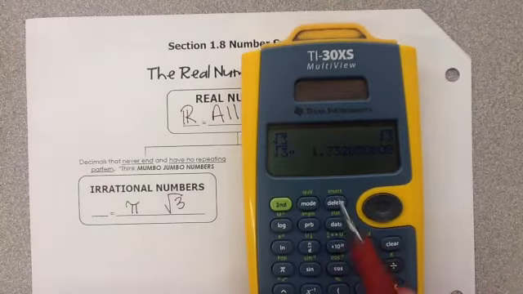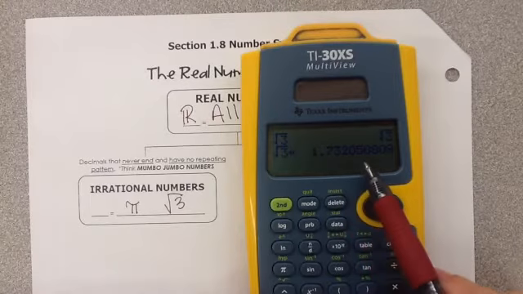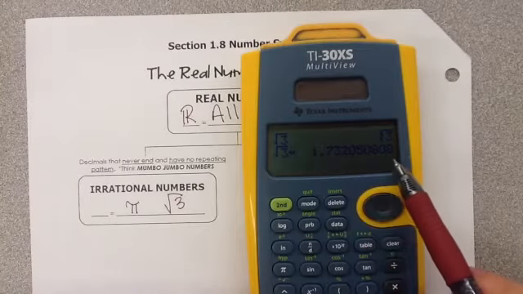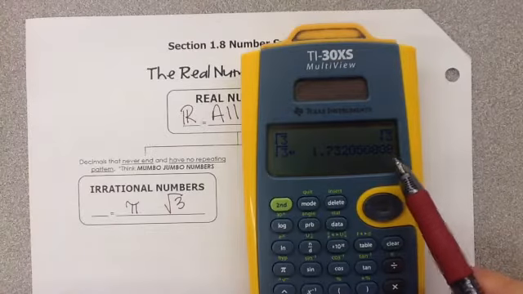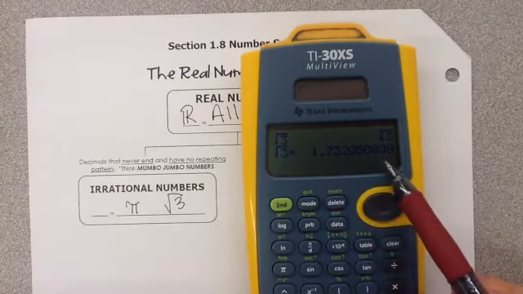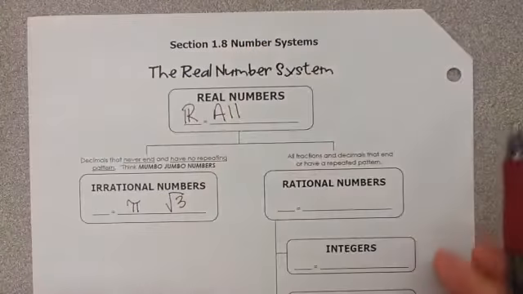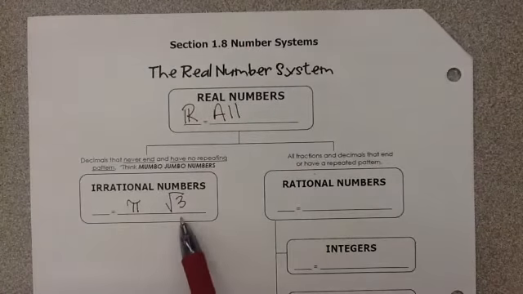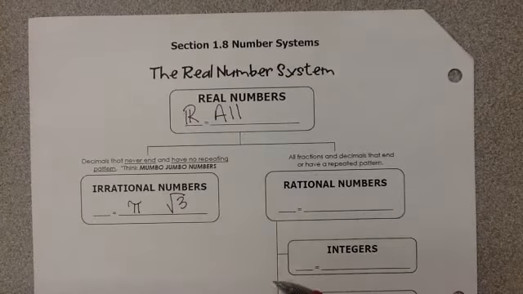And we should see that there is no pattern here, and it goes on forever. 1.73205, and it keeps going. It ends on our screen because our calculator can't fit everything. But there's no pattern to these decimals, and it goes on forever. So that is irrational. Pi or square root of 3. Okay, something like those. They go on forever, no pattern.